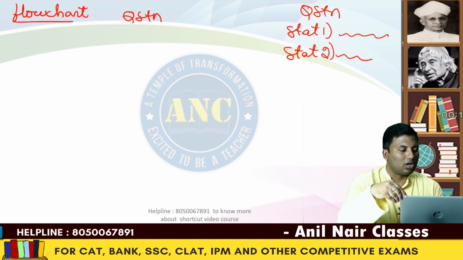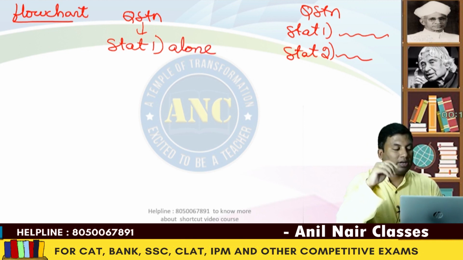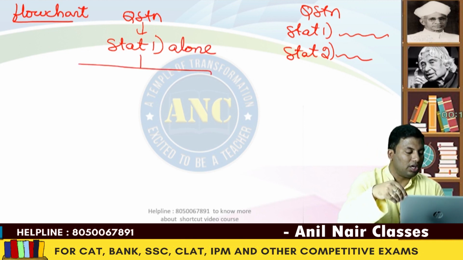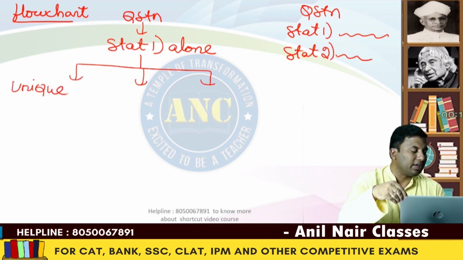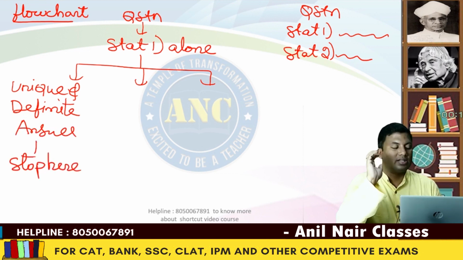How should you solve? Take the question and try to solve it using statement 1 alone. There are 3 outputs that can be possible. You got a unique and definite answer. If you got a unique and definite answer, stop here. The answer is statement 1 alone is right.